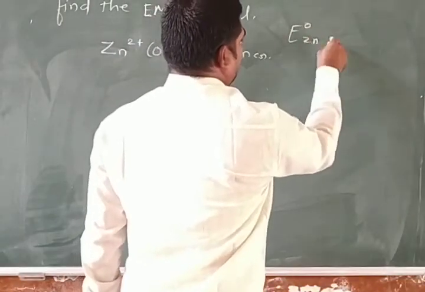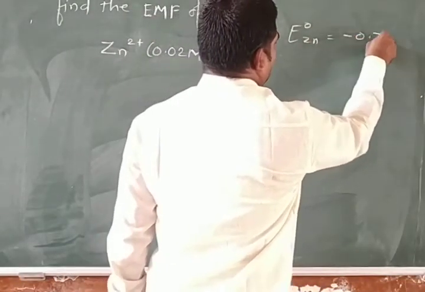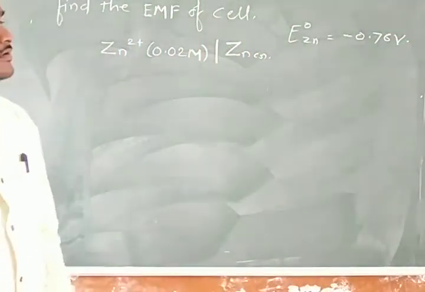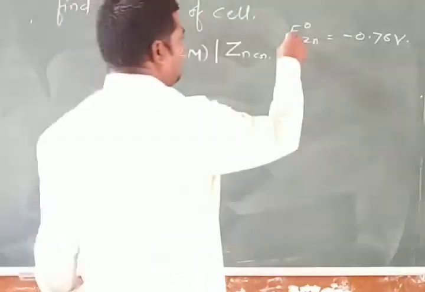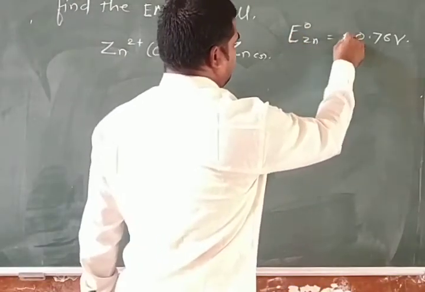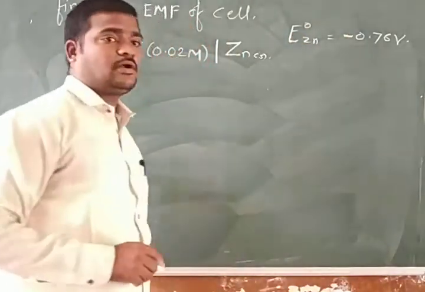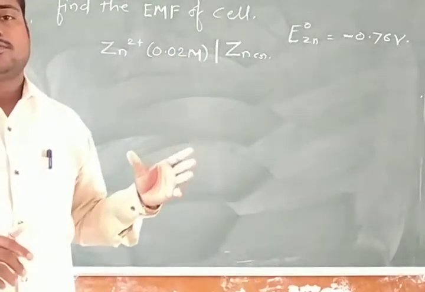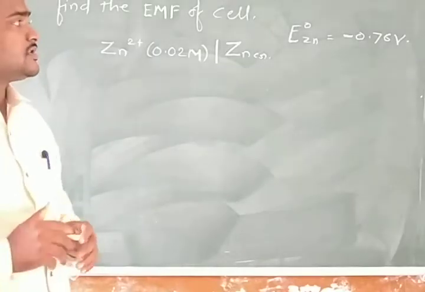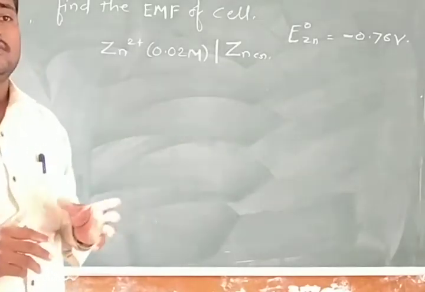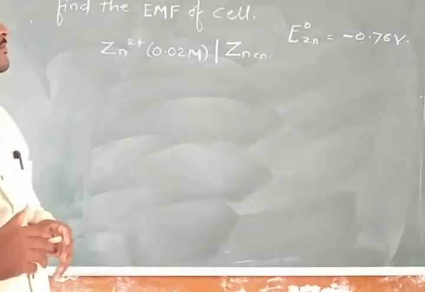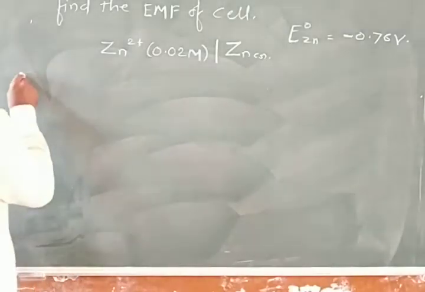E0 for Zn is minus 0.76 volt. This is the value you will get in your corresponding problem. So students, by knowing all this data, you have to use the Nernst equation for it. We already have the corresponding value, and by applying the Nernst equation for such a problem, you will get the corresponding answer.